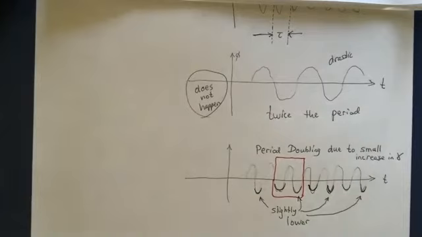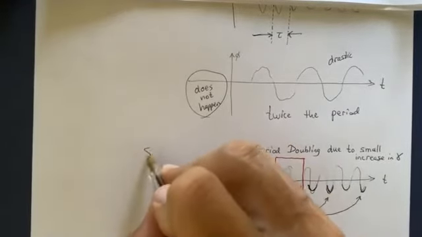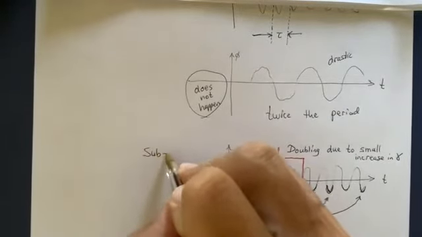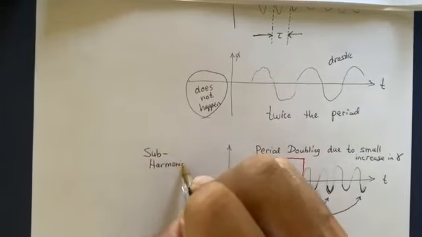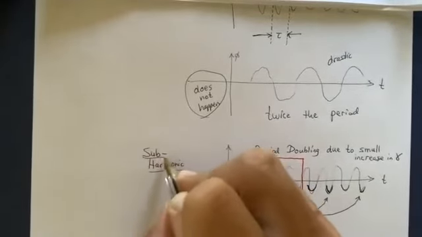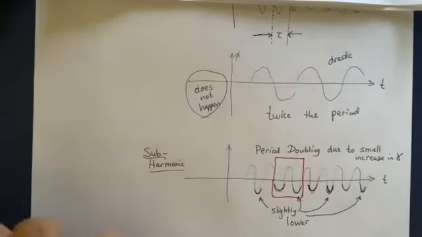So these are called subharmonics. All right, so you see the frequency is 1/2 of the fundamental, so that's a subharmonic. That's in contrast to the usual notion of a harmonic.